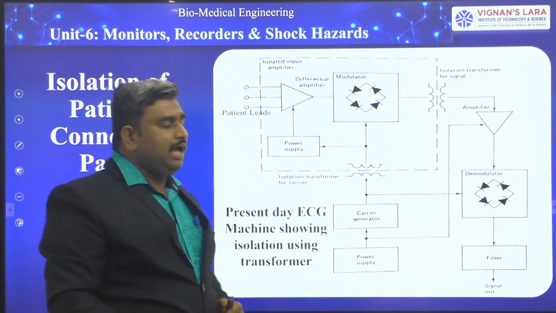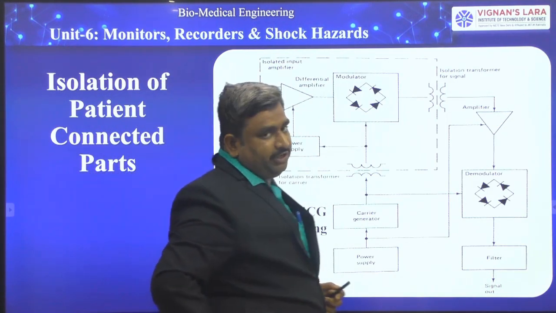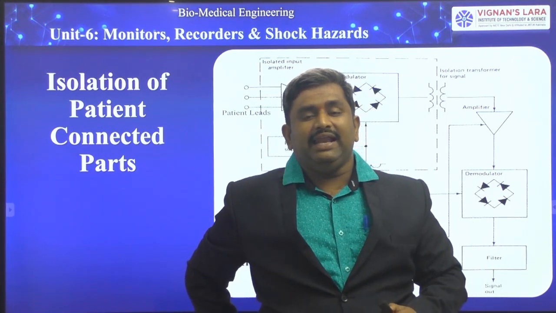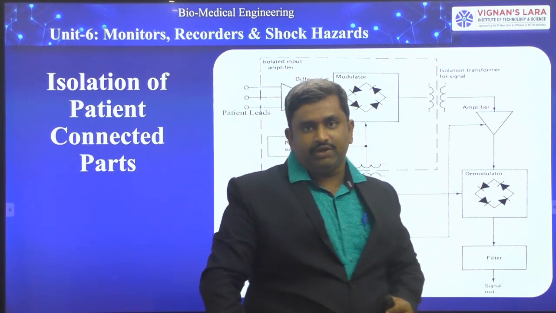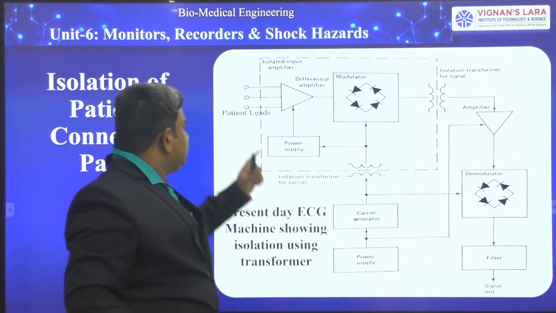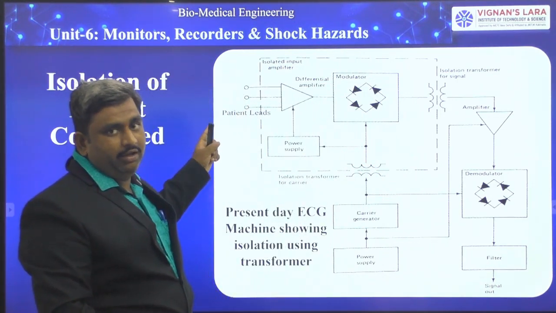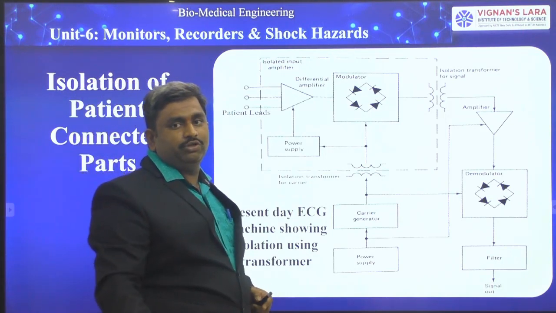This is the isolation of patient connected parts. The patient connected parts means the electrical wires or electrodes we are connecting to the patient. These are the electrical leads, that is RA, LA, LL, RL. These are the four wires we are connecting to the patient.